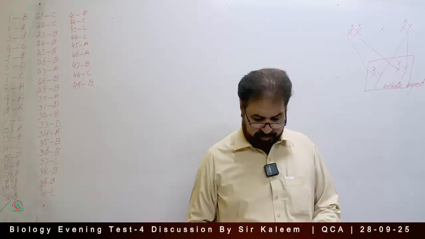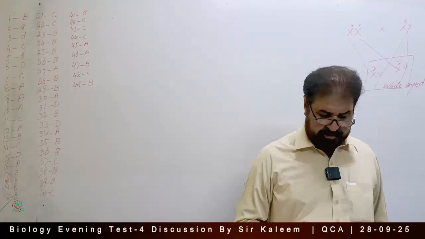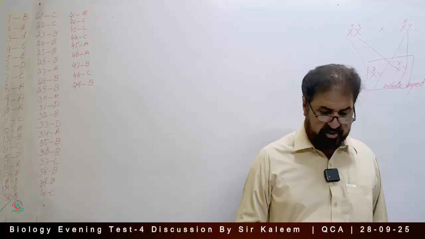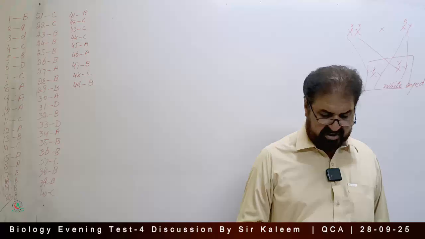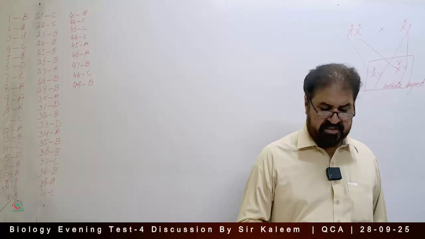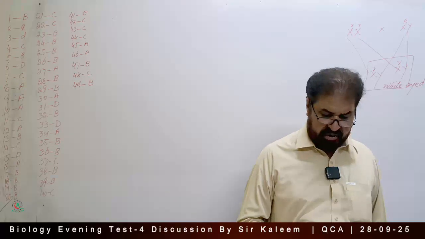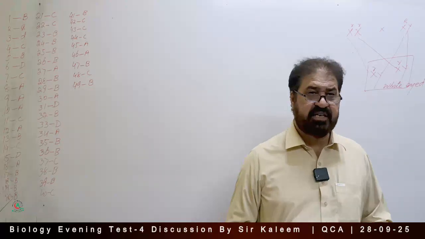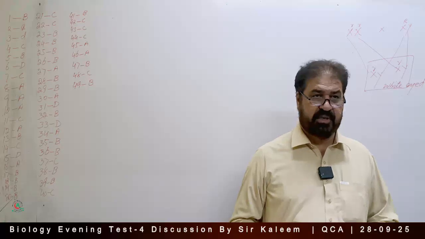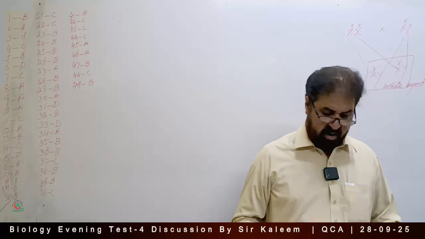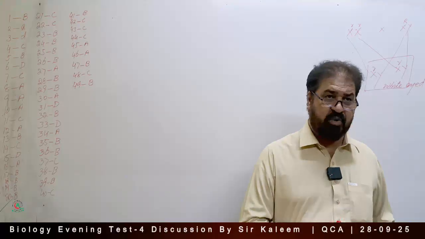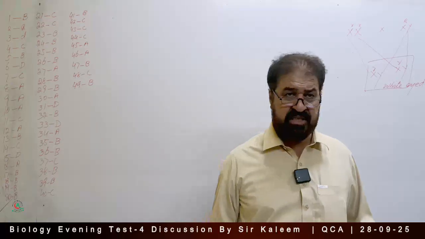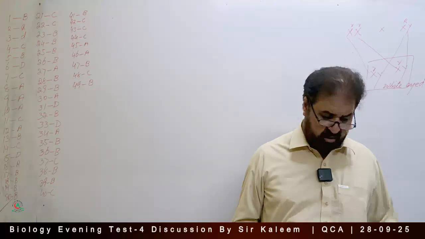Question number 50. If B and VG, black body color and vestigial wing, show 17% recombination or crossing over, their map distance must be 17 centimorgan, because one map unit is equal to 1% recombination frequency or 1% crossing over.